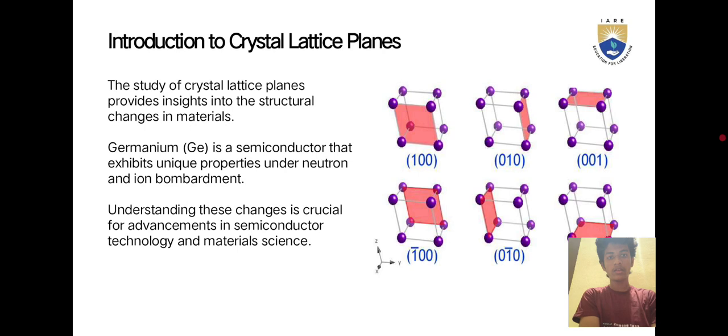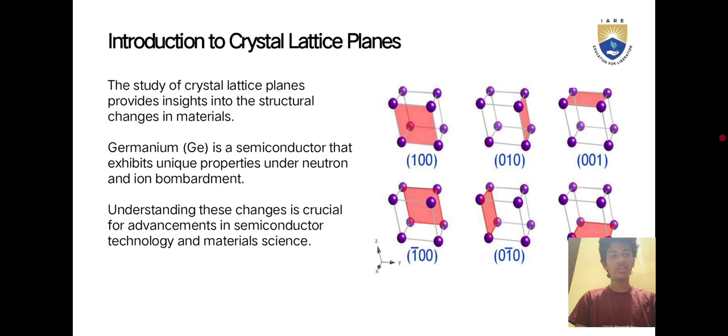materials. For example, germanium is a semiconductor that exhibits unique properties under neutron and ion bombardment. Understanding these changes is crucial for advancements in semiconductor technologies and material science.